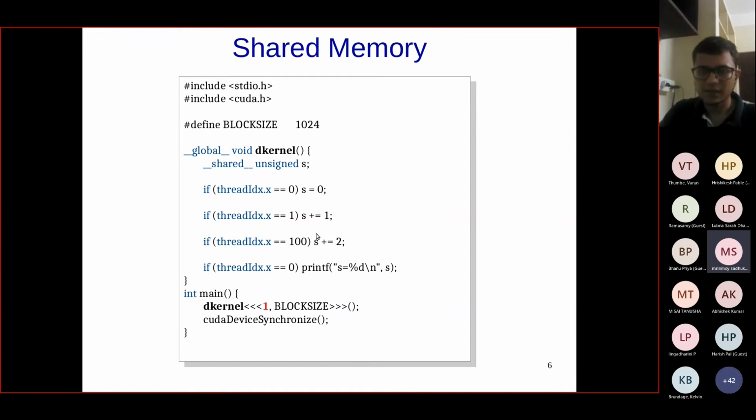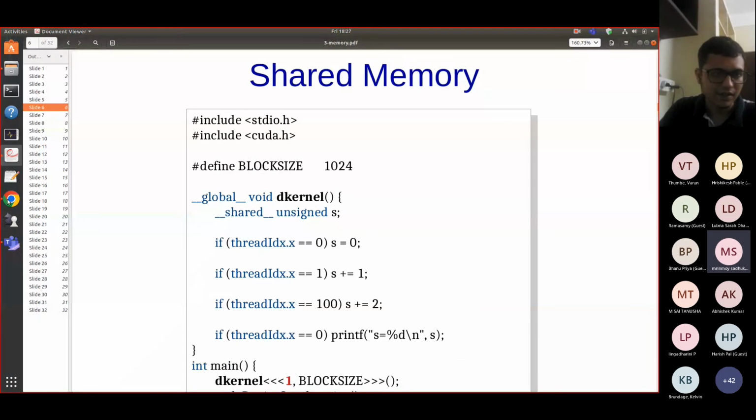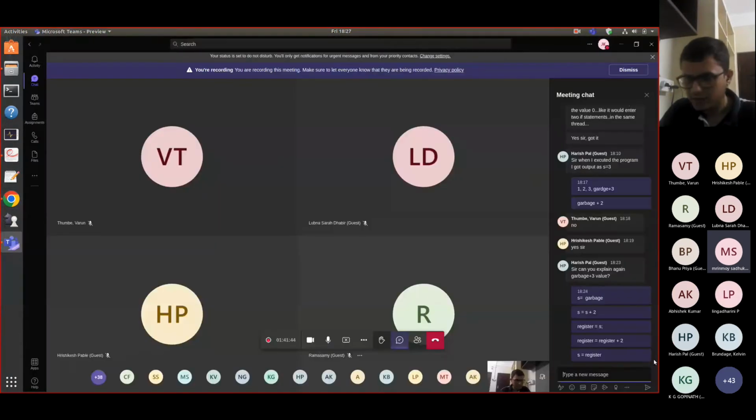Let's say thread 0 initializes S to 0, but before that, the thread that read garbage adds 2 and stores garbage plus 2.